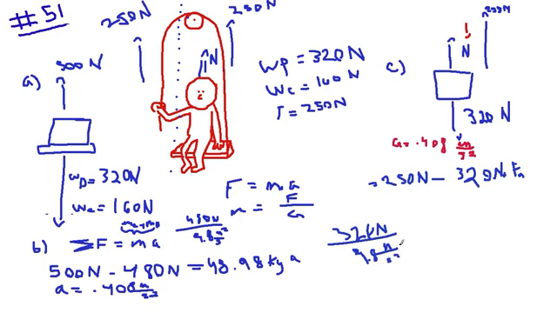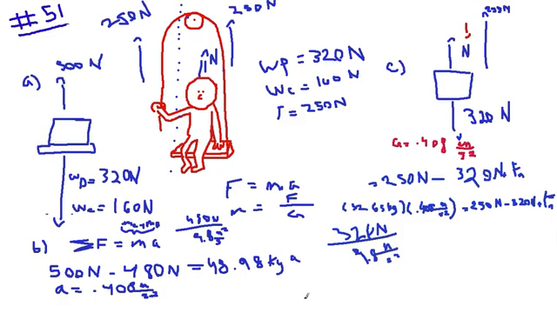If we do the arithmetic right, that's 32.65 kilograms. So 32.65 kilograms times 0.408 meters per second squared is equal to 250 newtons minus 320 newtons plus Fn.